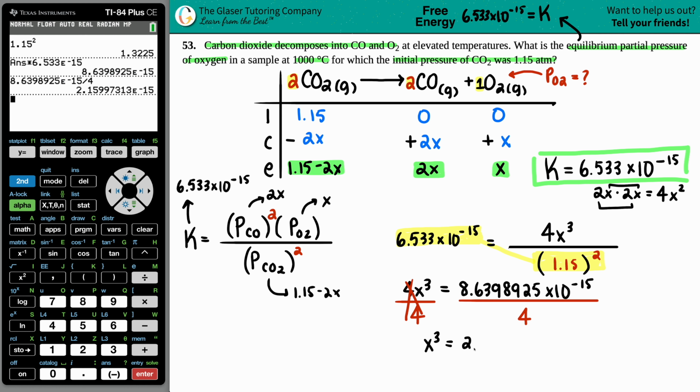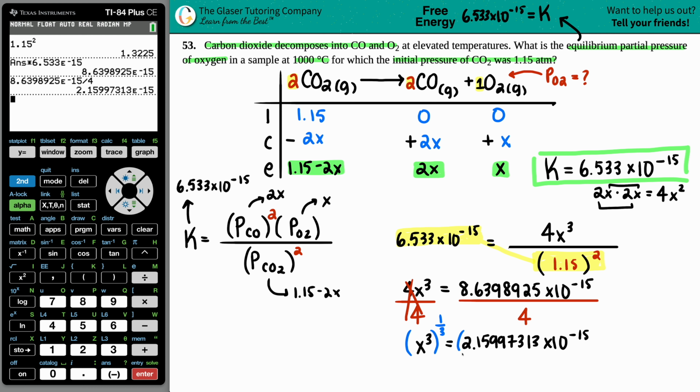So now I have 2.15997313 times 10 to the negative 15th. And finally, I can do the cube root. Now, similarly, you can just take this value and raise it to the inverse of the 3, which is raising it to the 1/3.